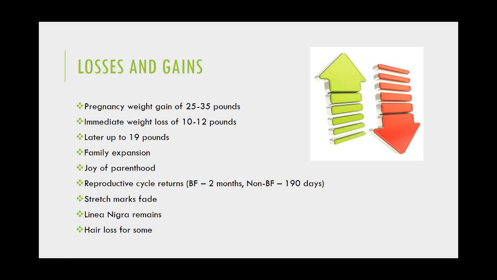Some moms may experience hair loss, and this is definitely not an all-encompassing list of all of the losses and gains that occur in the postpartum period. But these are a few that I wanted you to start thinking about, and think about all of the different other types of losses and gains that moms and families will experience.